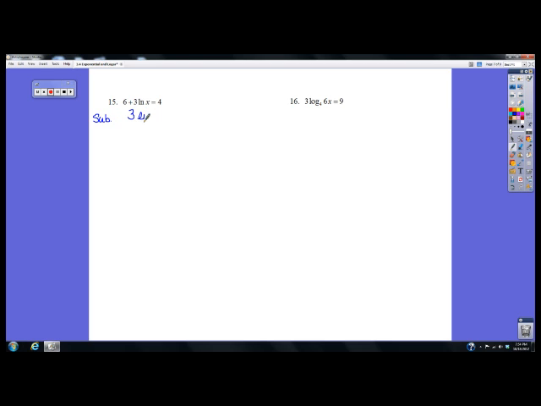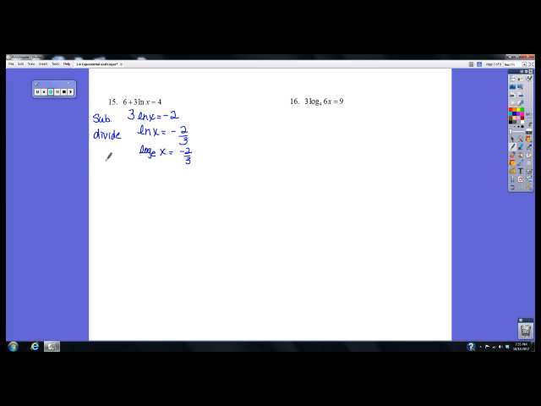So 3 natural log of x equals, subtract 6 from 4, and you're going to get negative 2. And then divide by 3. So natural log of x equals negative 2/3. Natural log is log base e of x equals negative 2/3.